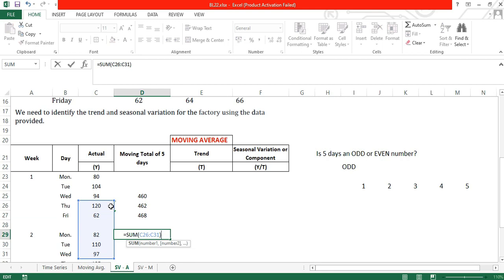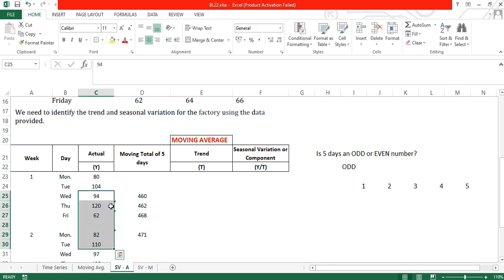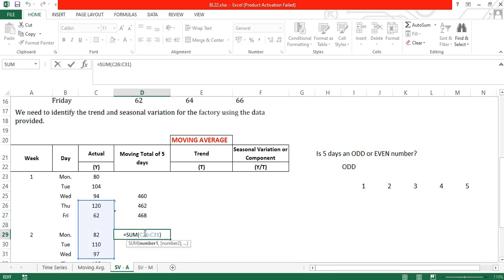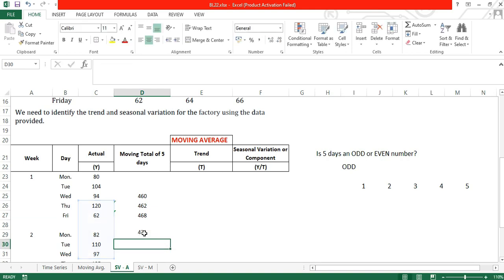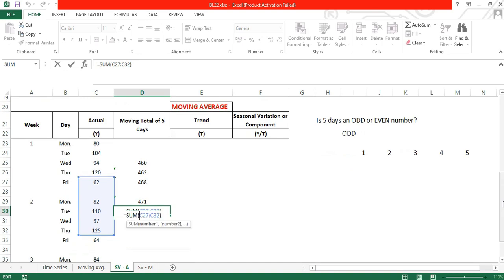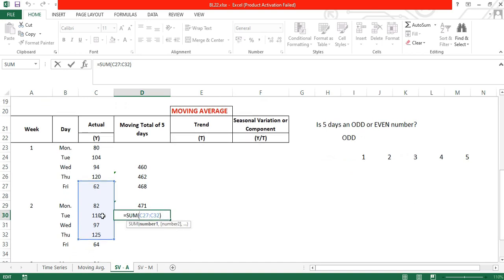This set of, so it has to go from each line to line. We should not miss a row. So next should be starting from 62 and ending after 5 numbers, which should be 125.